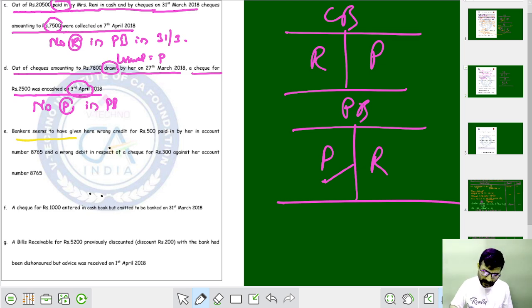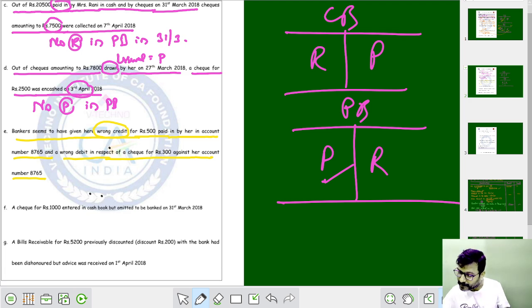Banker seems to have given wrong credit for rupees 500 paid in by her in current account number 8765, and later a wrong debit in respect of check number 300 against her account 8765. So what happened here? Banker seems to have given a wrong credit. Wrong credit means where do we have to take it? We have to take it on the debit side. What is the point number?